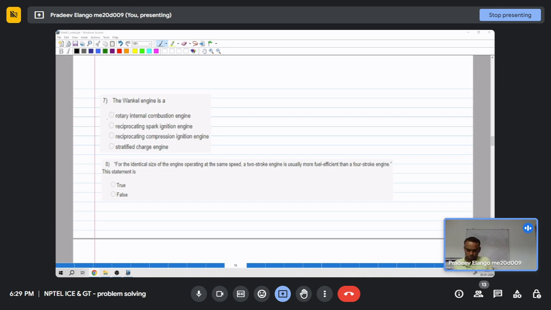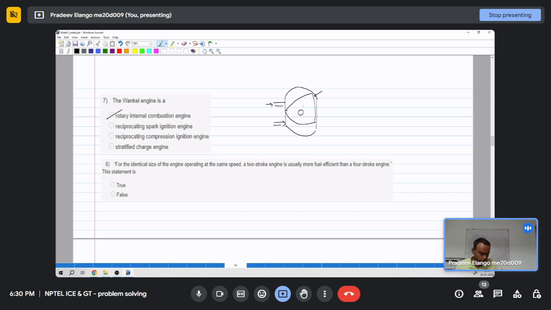There is a rotary internal combustion engine. The combustion chamber is something like this. So air will go in and spark will occur here.